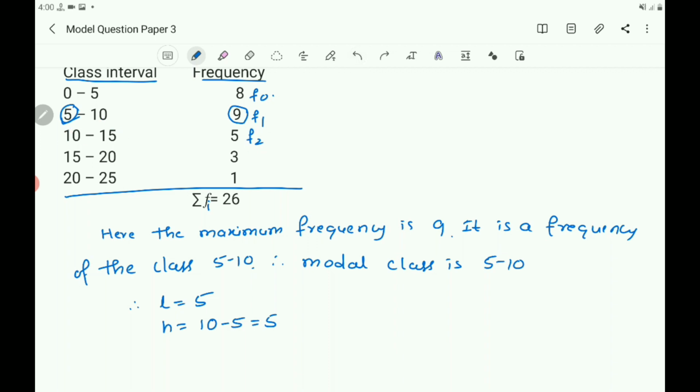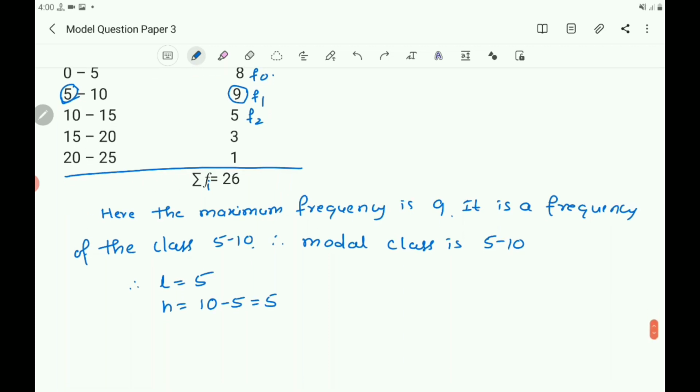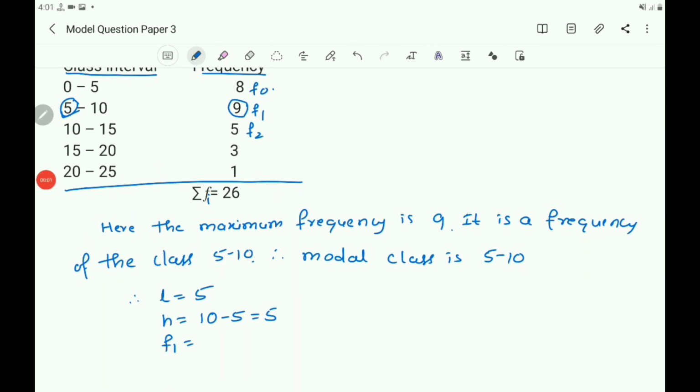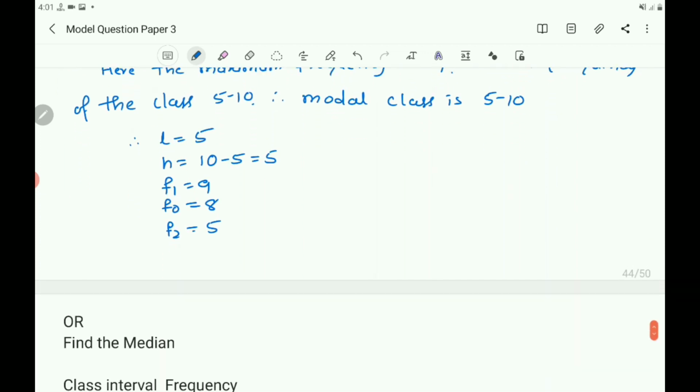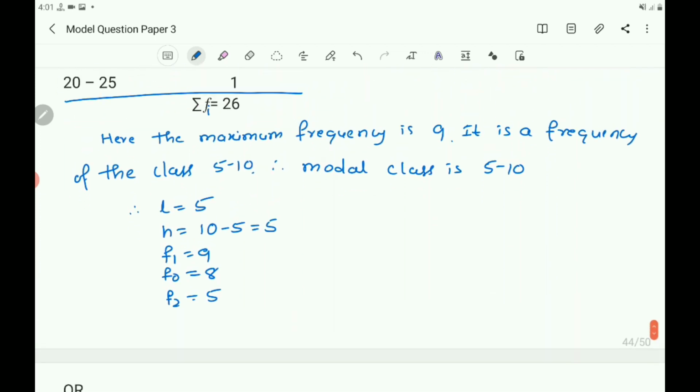So here you write f1 equals 9, f0 equals 8 and f2 equals 5.